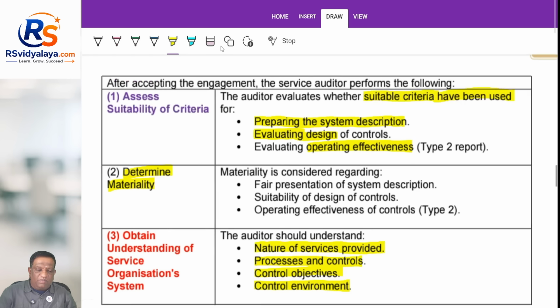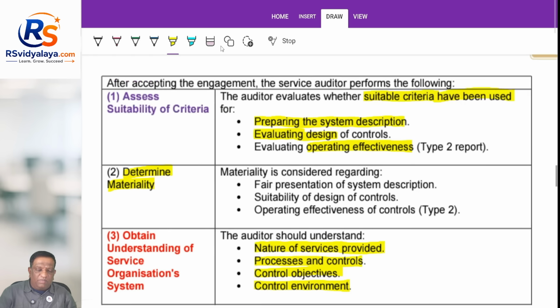Operating effectiveness would come only in a type 2 report. Wherever this point appears, put one star on it, as you have been asked multiple MCQs and case studies, including 5 marks questions, based on common understanding of this point.